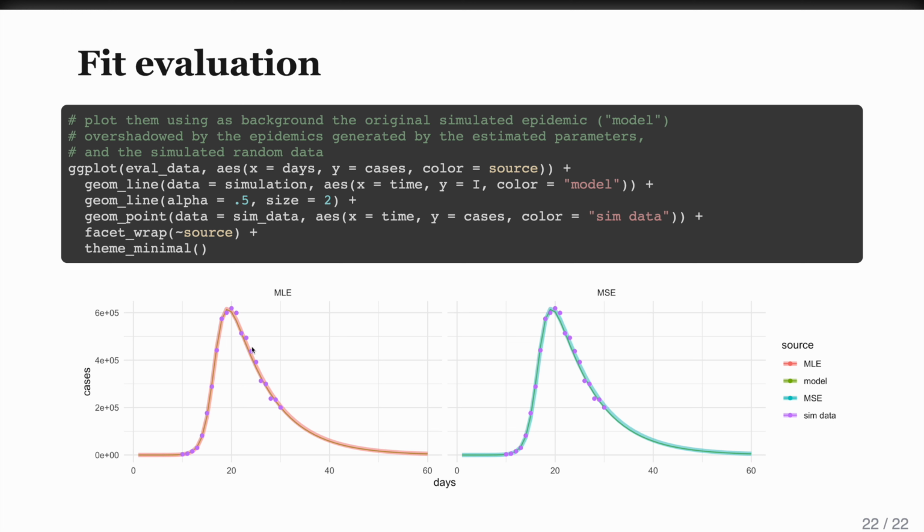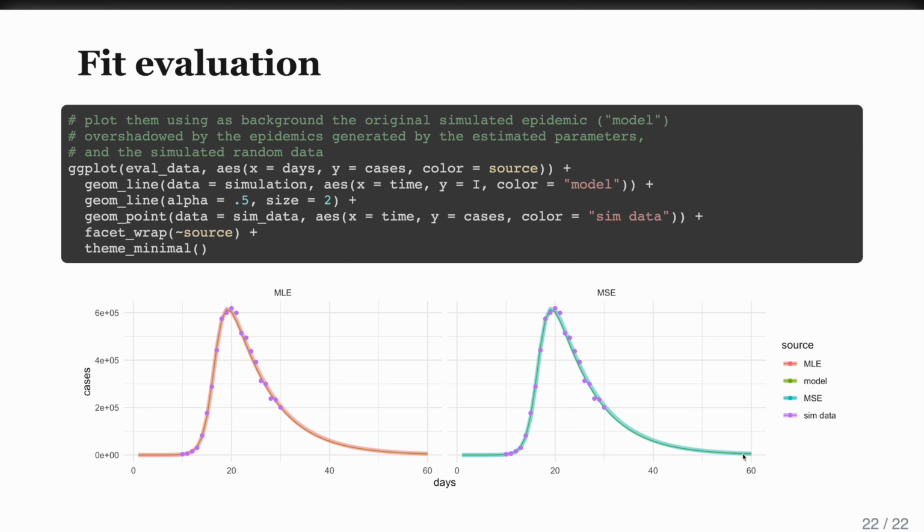We can see that in both cases, the estimated parameters produce very well behaved simulations, both in the zone in which we have the data, but also, and especially, and this is important, in the zones in which we don't have data. This is a good indicator that the estimation worked well.